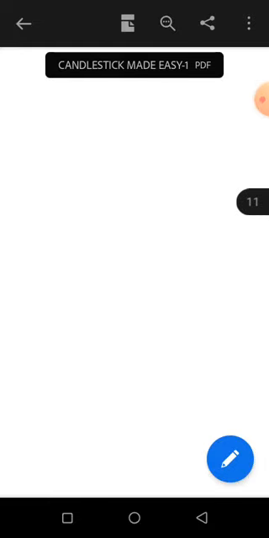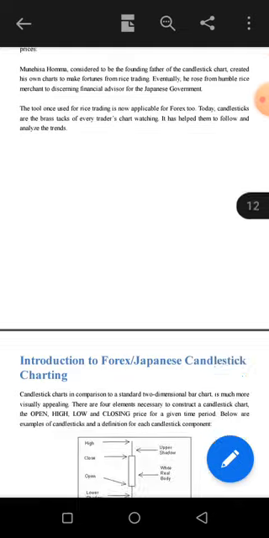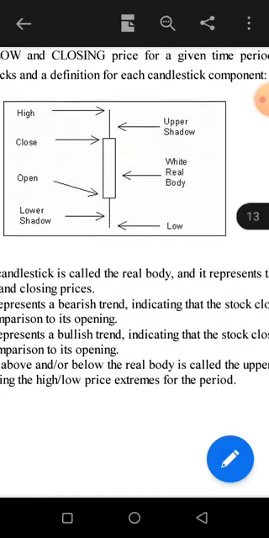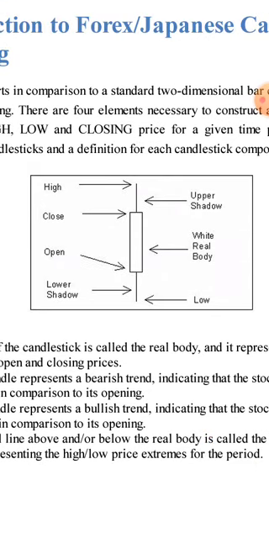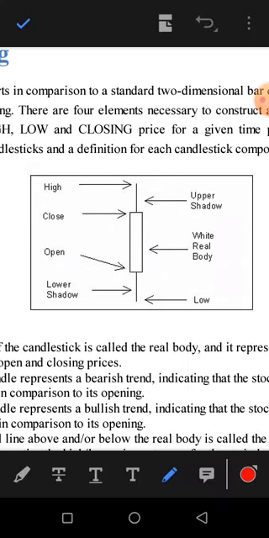For those that haven't really studied what candlesticks are, here you understand that if this is a buy candle, it means the price opens from there and closes from there. Then this is your lower shadow, your upper shadow. This is your opening price. This is a green candle or a buy candle, and then it closes up there on top.